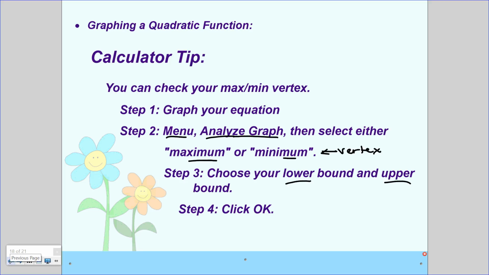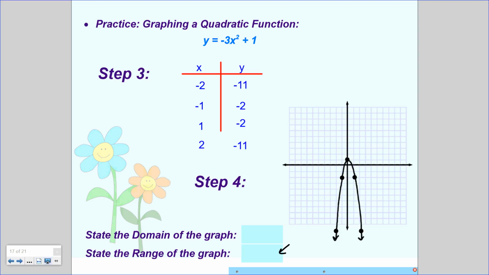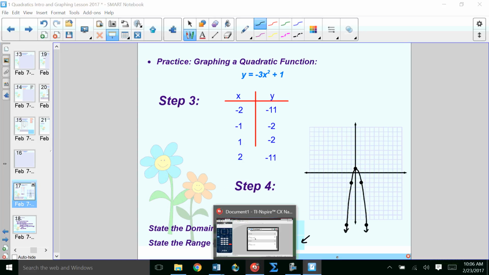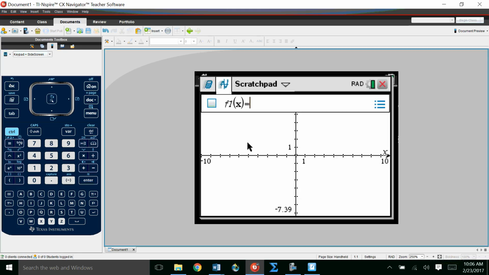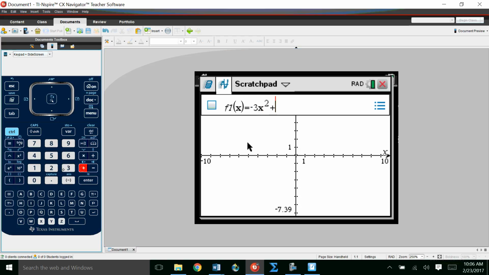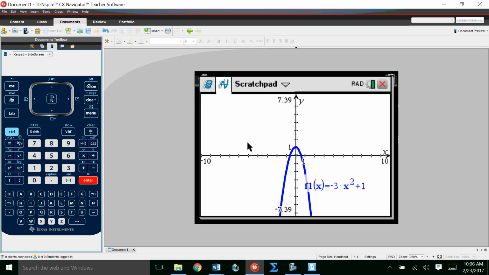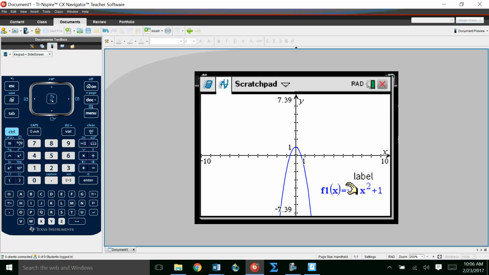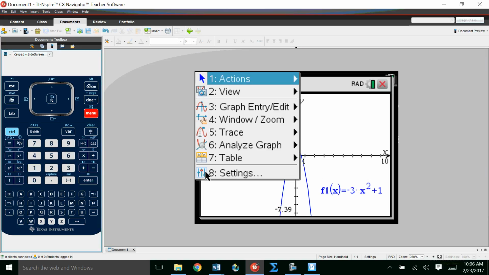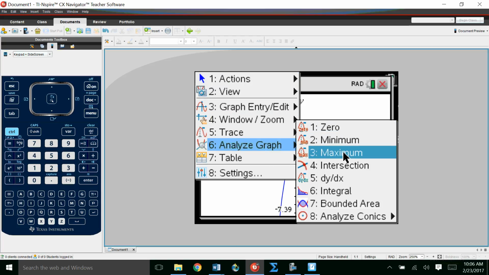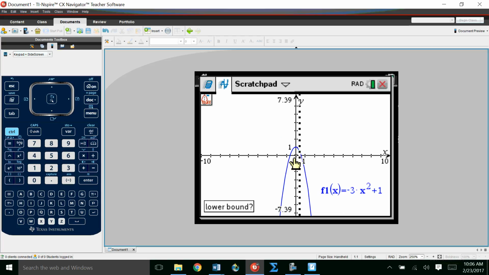So let's say that we were doing that negative 3x squared plus 1. What we would do is come to your graphing scratch pad and graph negative 3x squared plus 1 and hit enter. Once you've done this, you're going to hit Menu, Analyze Graph. And in this case, because it's opening down, we're dealing with a max point, a maximum point.